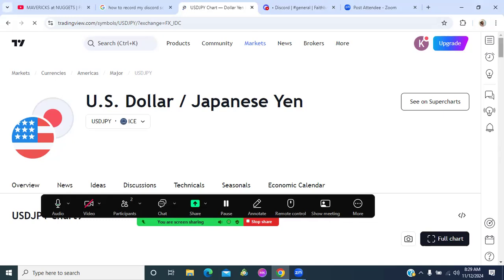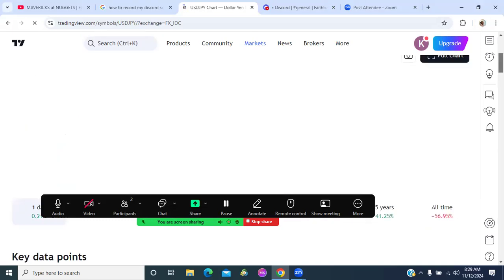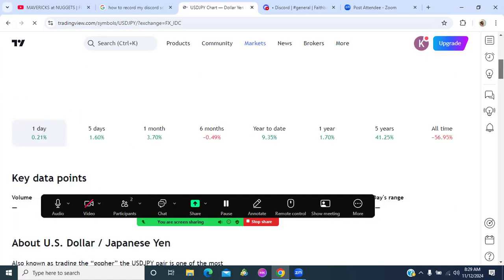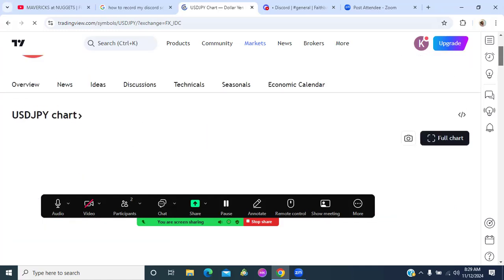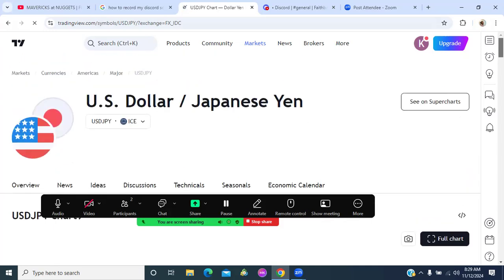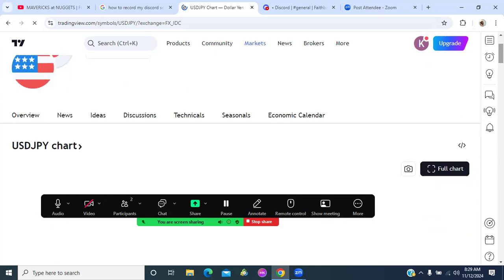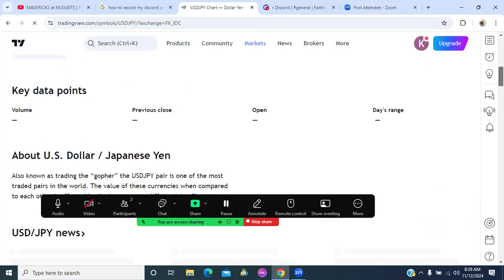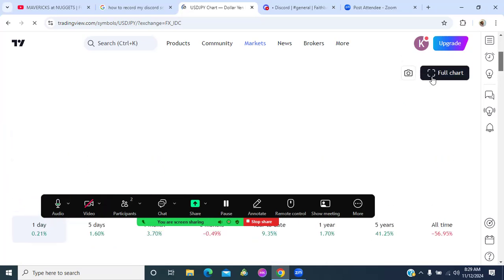Okay, so we're at the USD JPY. We're at the chart, and let's go back to the full chart.